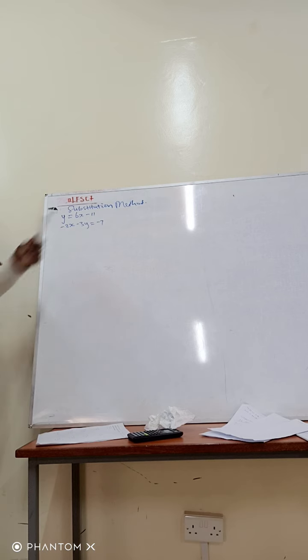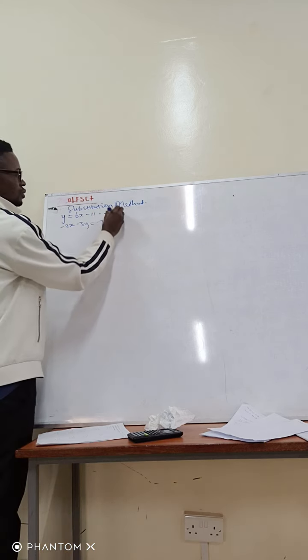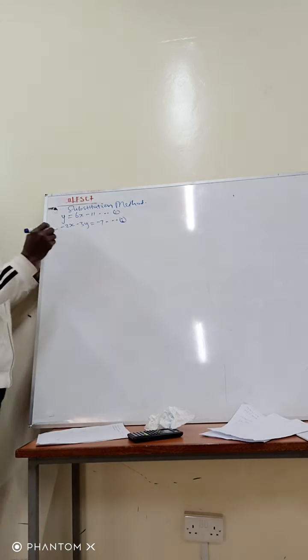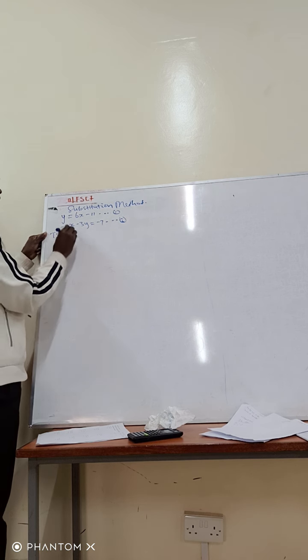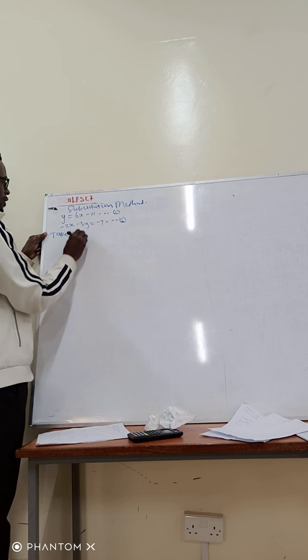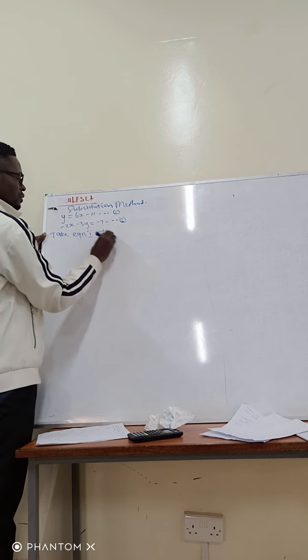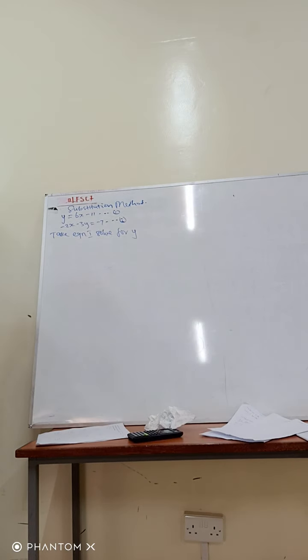But if we are using substitution as it is, let's call this equation 1, and let's call this equation 2. So we have to take equation number 1 and then we solve for y.